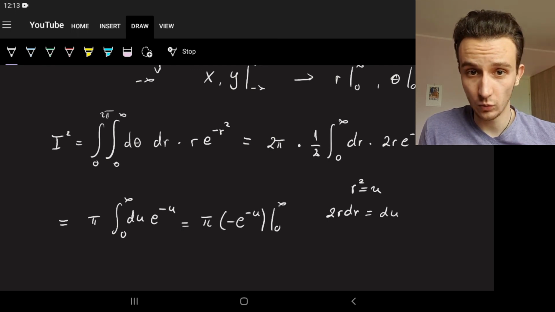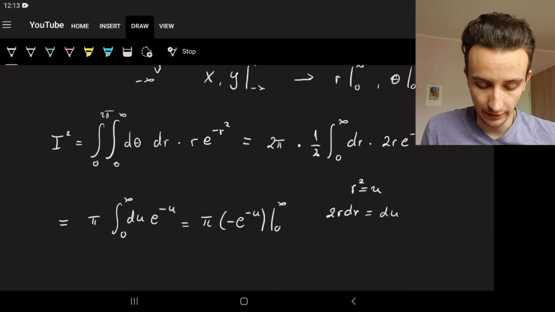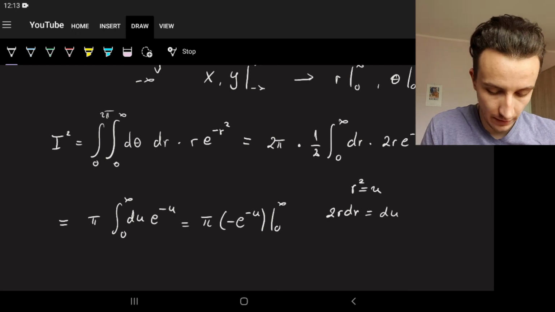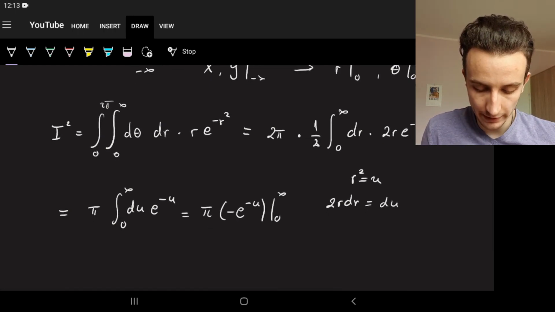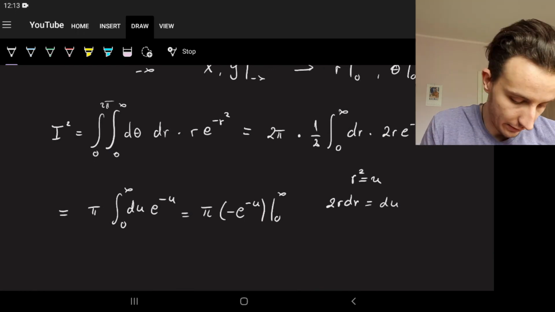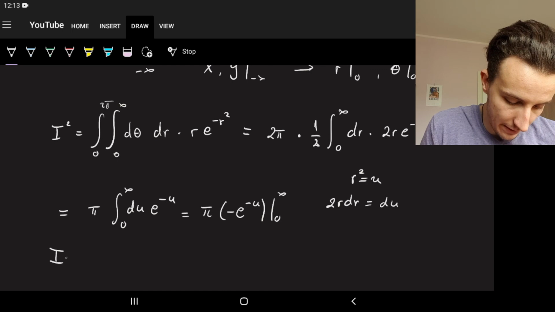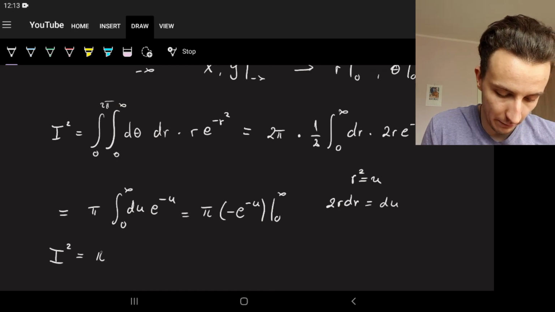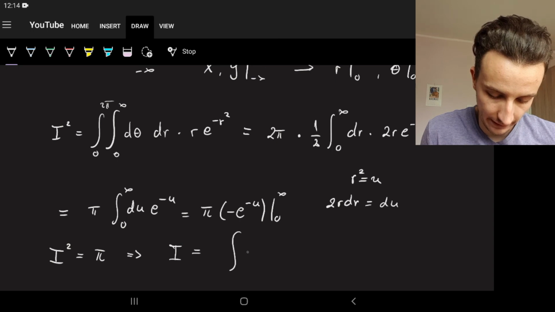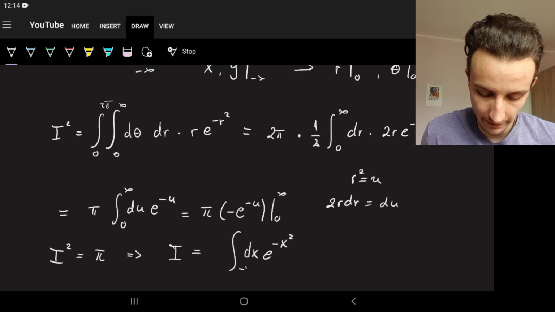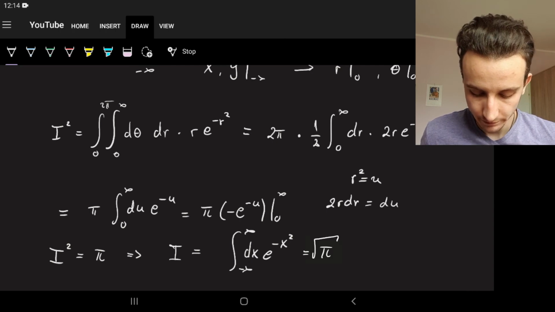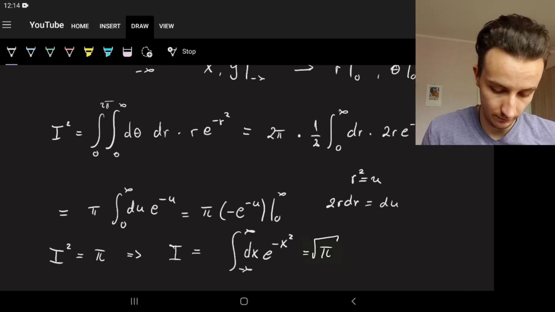At 0, it's 1. And the minus sign from the difference gives us a minus, so it fixes the plus. At infinity, it's 0, obviously, so we get that I squared is just pi. And that means that I, which was the integral of dx e to the minus x squared from minus infinity to infinity, is the square root of pi. And that's our result.